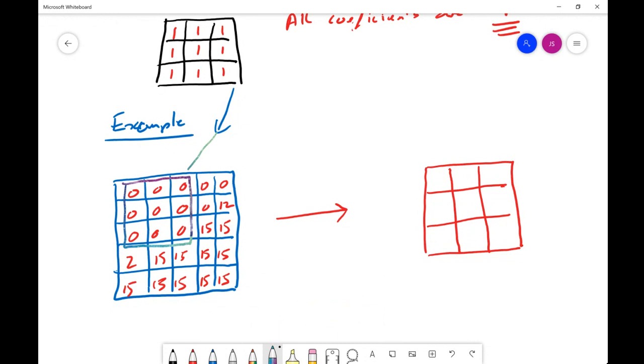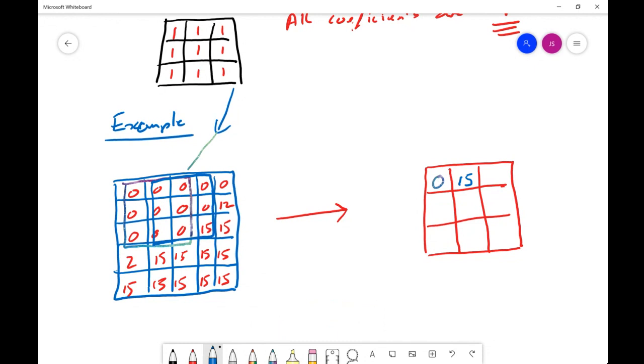And clearly the image is all zeros. Weighting it by this, the output will be 0. I now move the window to the next position. The center pixel will correspond to here, and I will have all zeros apart from this bottom one, which will be 15.